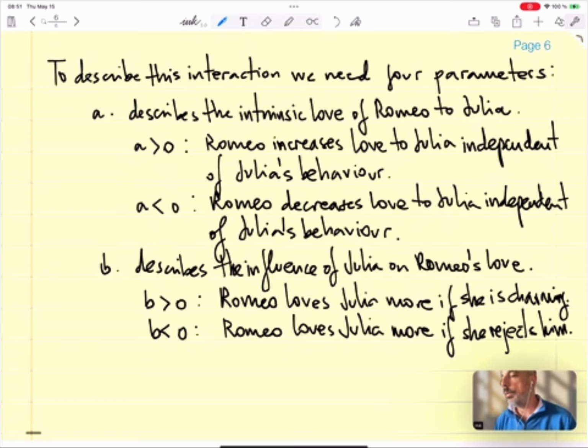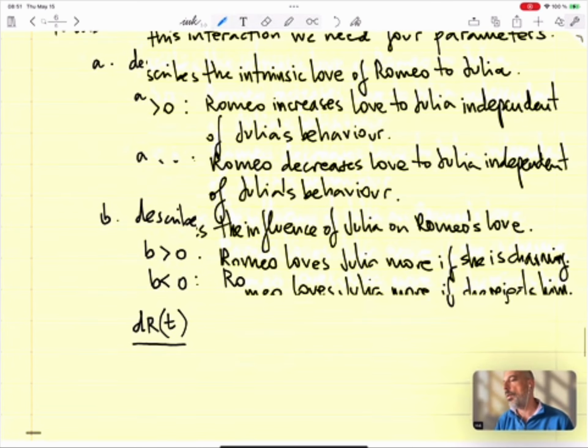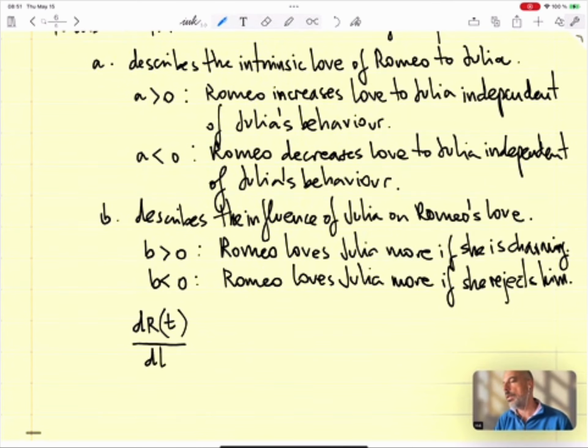So as a result, we can say that the dynamics of love for Romeo with time depend on the values of A and B, and this depends on the personality, okay?